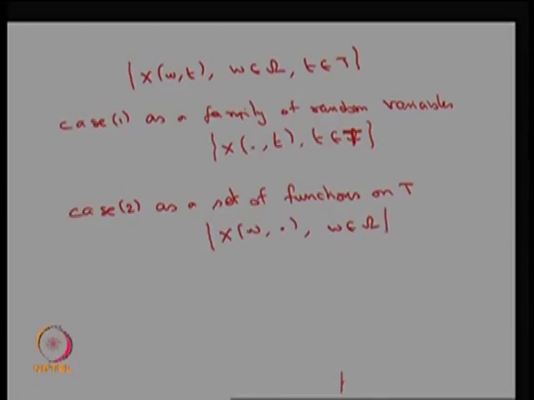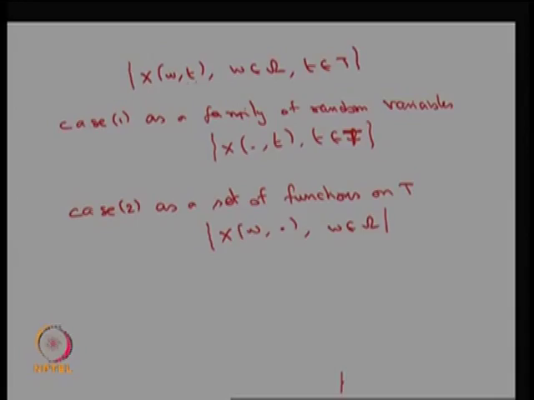That means I have made a function on capital T, and once I fix one w, I will have one function, and if I fix another w, where w is nothing but a possible outcome, I will have a different function. Therefore, if I have a different possible outcome, that is going to create a different stochastic process. Therefore, I can create a stochastic process of x of w comma t, either fixing a t or fixing the w. Accordingly, I can have two different ways of creating a stochastic process.